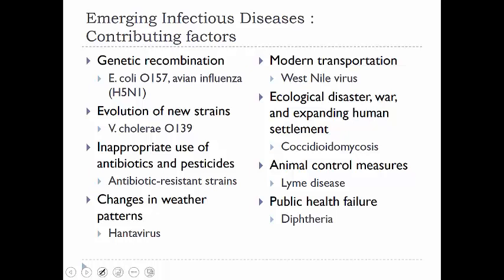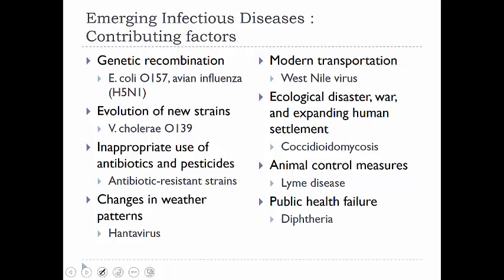The changes in weather patterns are going to determine which ones are going to travel in which direction. Modern transportation is kind of a big deal because if we have an outbreak in one part of the world, it can get transported to another location. West Nile virus, of course, as its name says, came from the West Nile. We now have it in the United States because of birds that were transported to the United States.